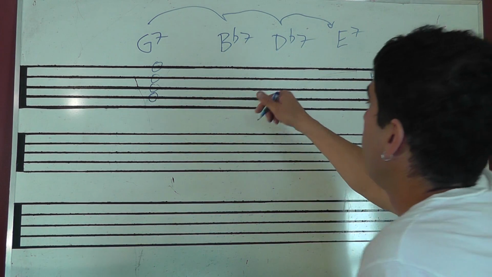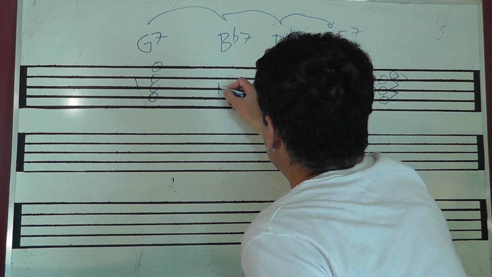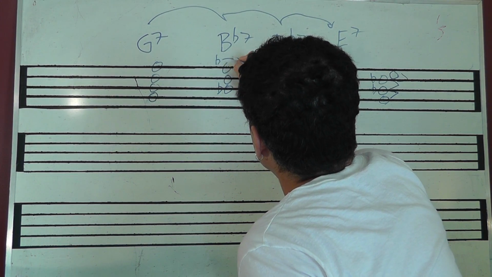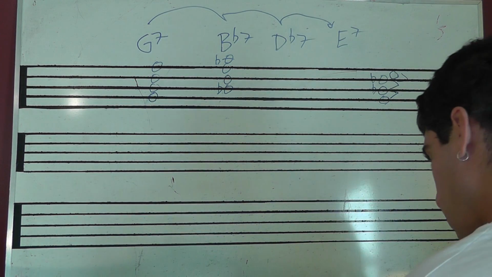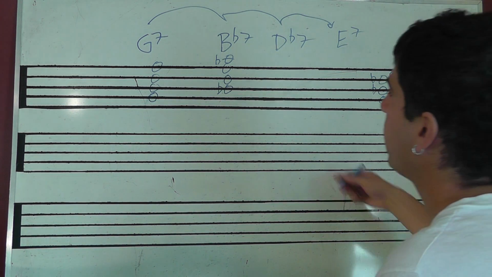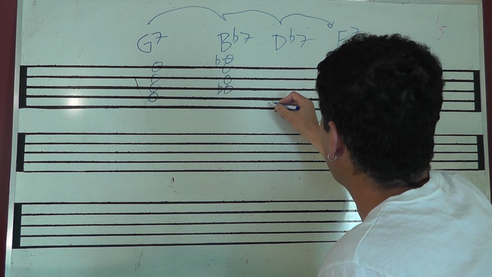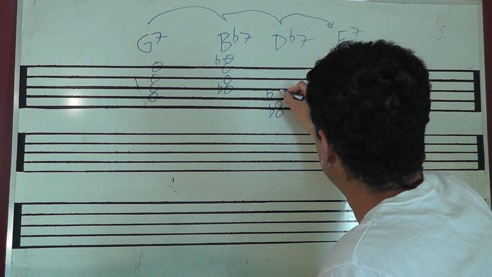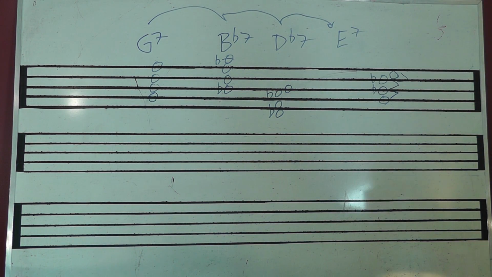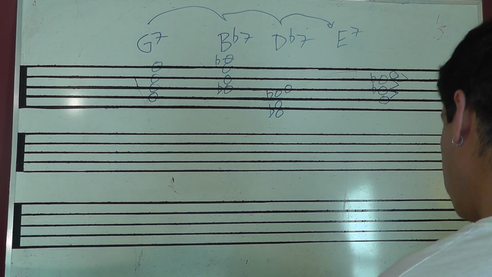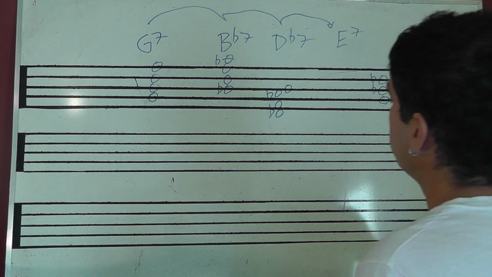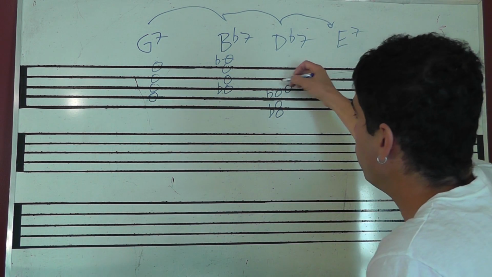So let's build these chords. Let's just look at them at least. So you've got this B flat dominant 7, D flat dominant 7, this B is really a C flat.